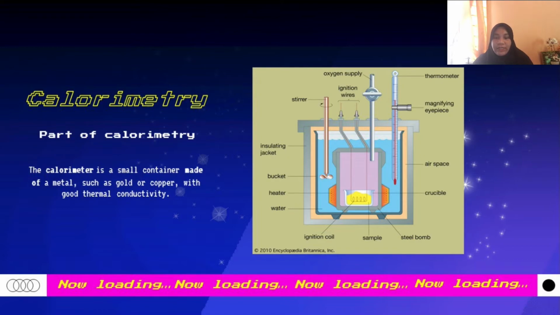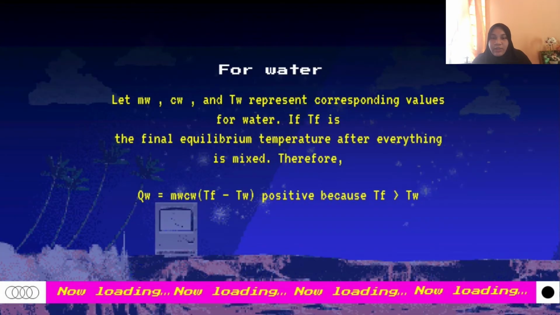The calorimeter is a small container made of a metal such as gold or copper with good thermal conductivity. For water, let MW, CW, and TW represent the corresponding values for water.